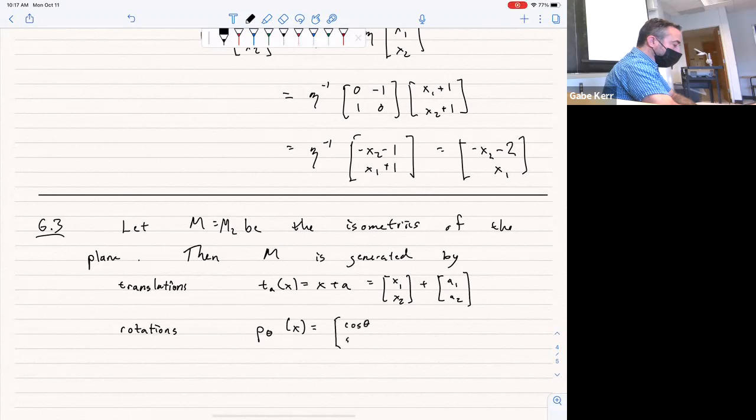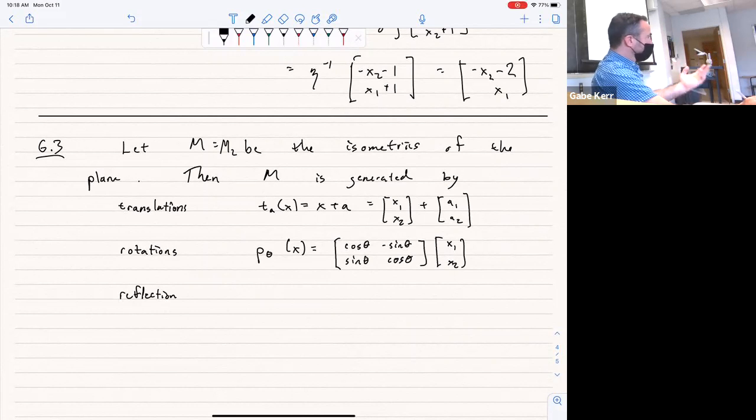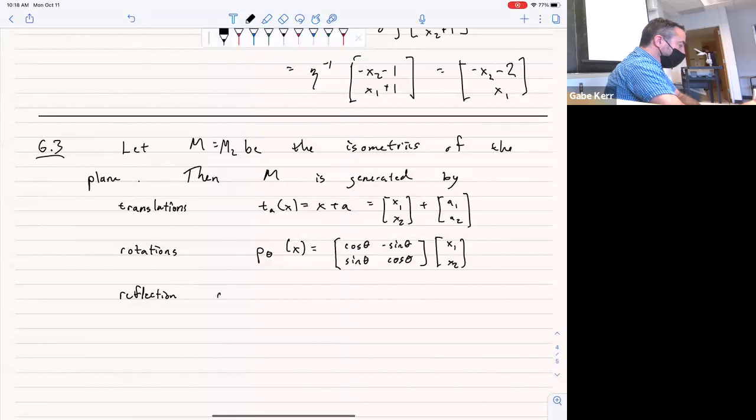We take this matrix, like this. And we have a reflection about the e1 axis, the x-axis. You can get all other reflections by composing this with a rotation. R_x is just equal to this matrix.